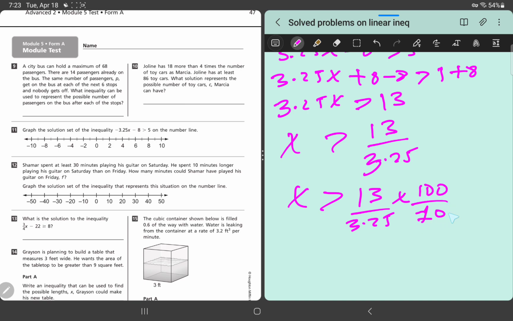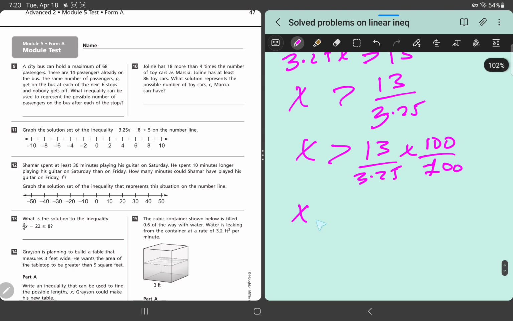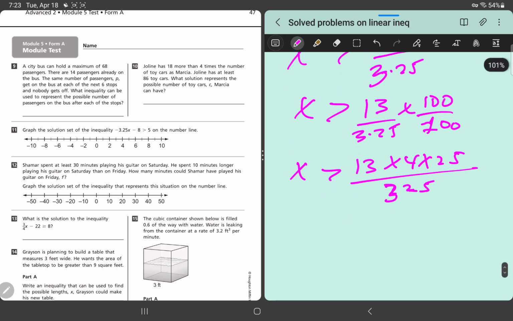So x is greater than 13 times 100 over 325.